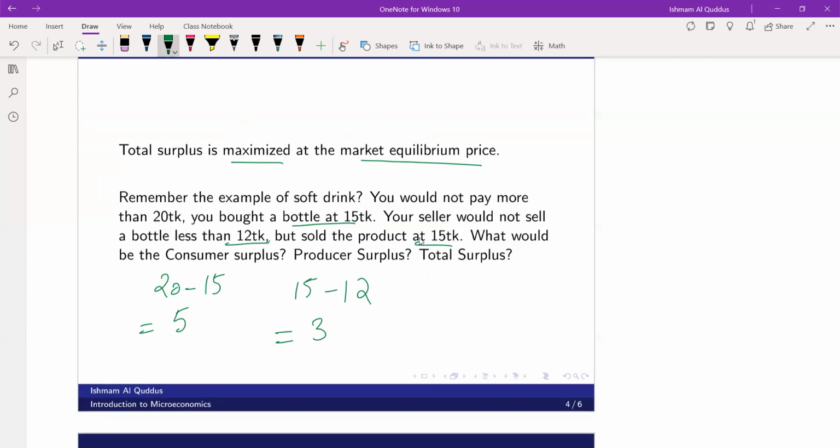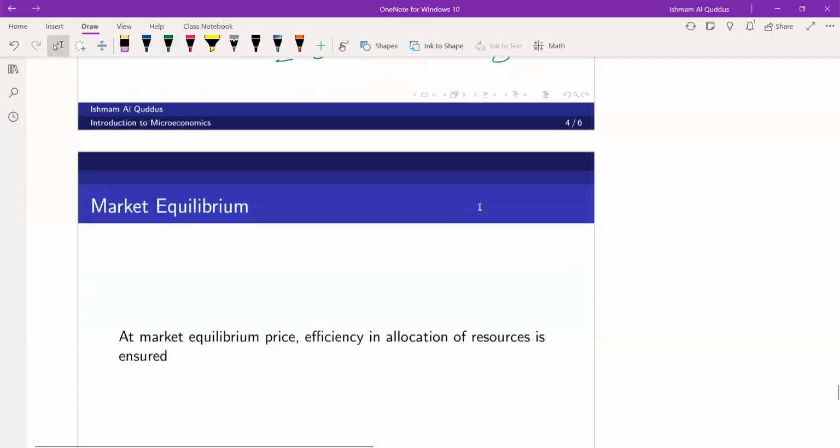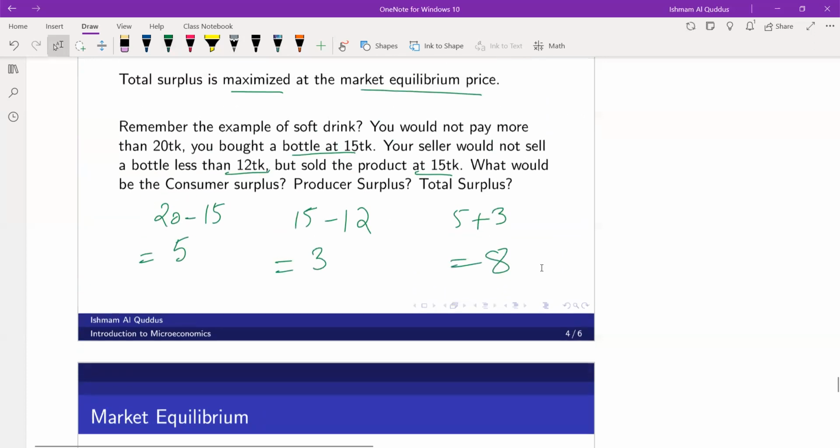And the total surplus would thus be the summation of consumer surplus and producer surplus, which is 5 plus 3, that is 8. Also, one thing: all the prices that I'm talking about are per unit. So 20 taka per unit, 15 taka per unit, like that. So total surplus would be 8 taka per unit, multiplied by the number of units that have been sold in the market.